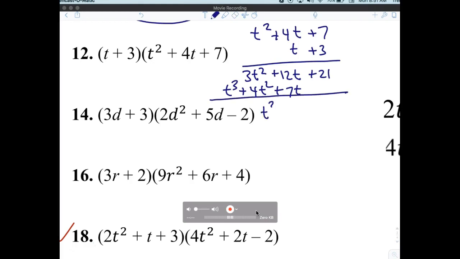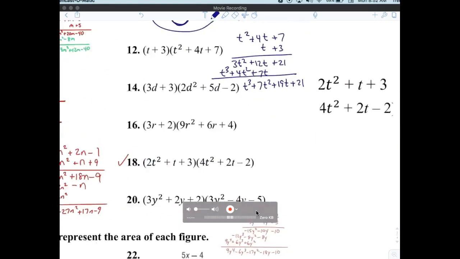Then I have t cubed plus 7t squared plus 19t plus 21. Does anybody have any questions with that? Very straightforward, very simple. I like it that way because it lines up perfectly and shows you which numbers you have to add.